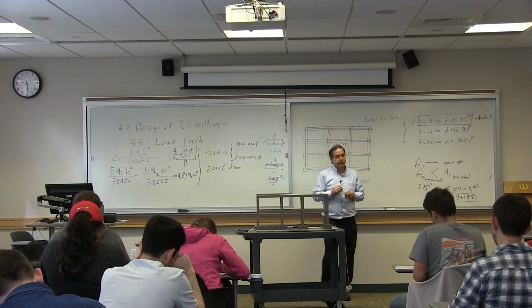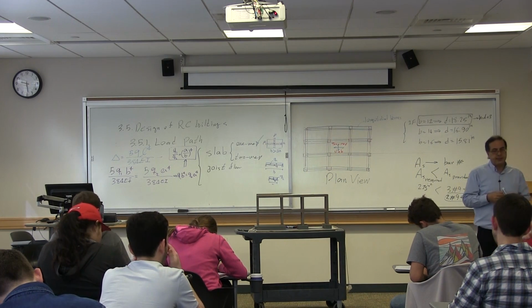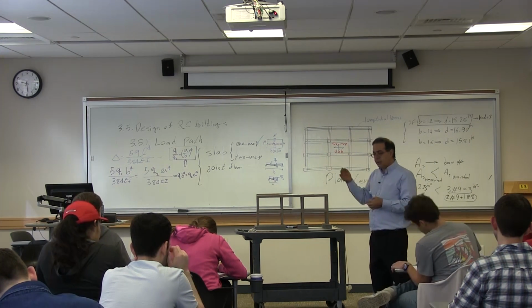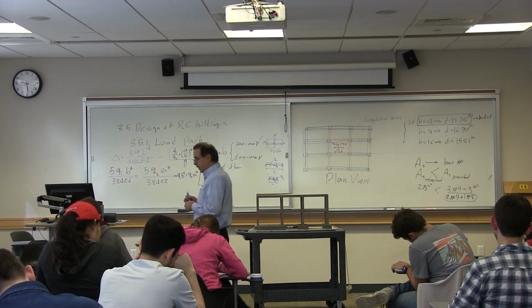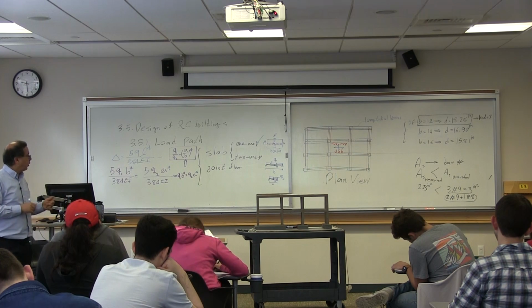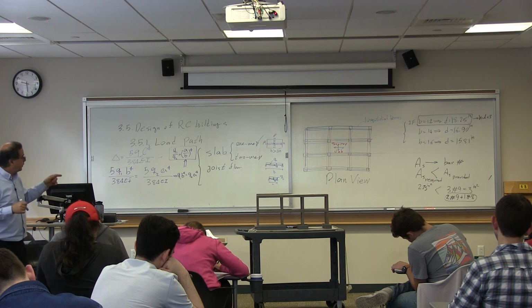One-way floor systems. Two-way floor systems are a little bit more complicated, and that is one of the topics when I teach the graduate concrete design course, which I usually teach in the spring, like 40% of the class is related to how you design two-way slabs. So that is not covered in this course.